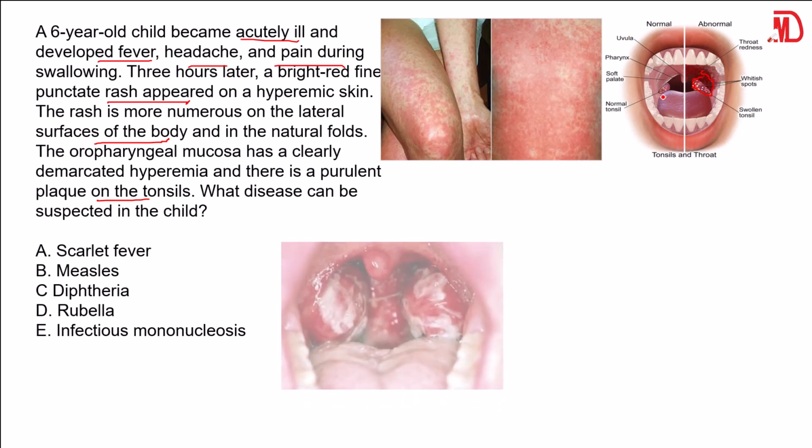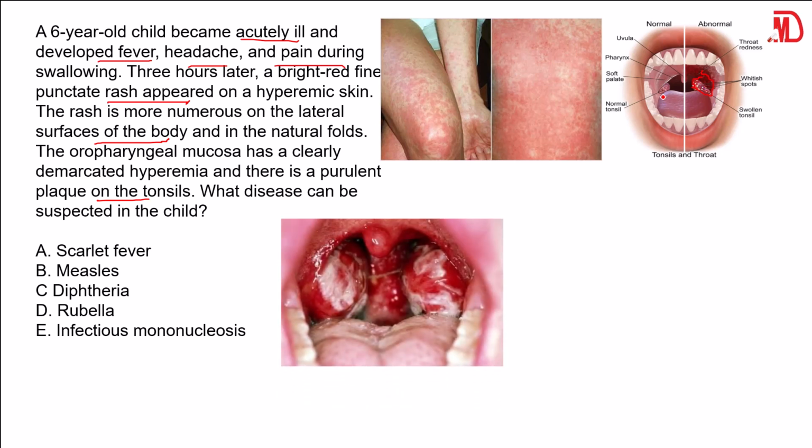All right. Now, this is a case of what we call infectious mononucleosis. So you don't confuse scarlet fever with diphtheria, infectious mononucleosis, and the rest. So I want to just elaborate a little bit on it. Normally or usually, diphtheria and infectious mononucleosis are misdiagnosed. So anytime you have swollen tonsils that appear red and with white lesions that may be oozing pus, then you are actually looking at infectious mononucleosis.